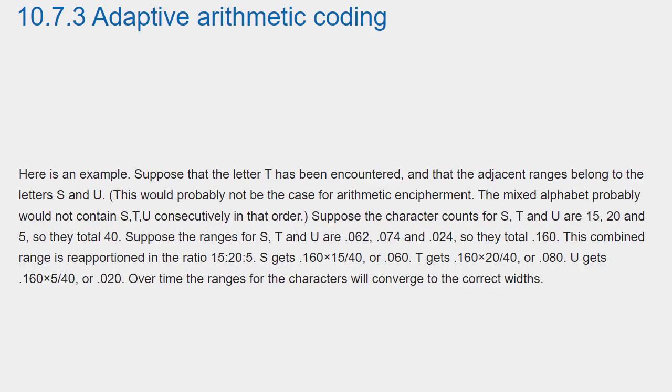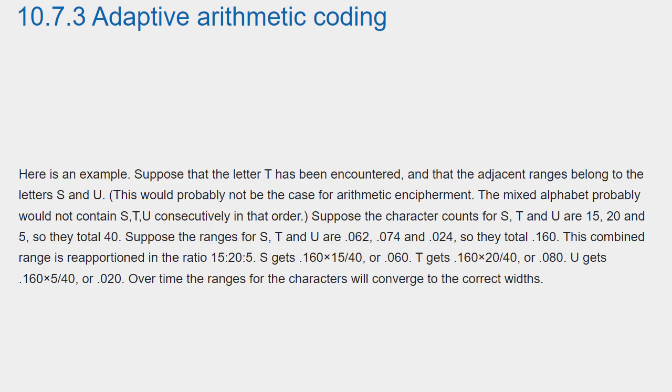Here is an example. Suppose the letter T has been encountered, and that the adjacent ranges belong to the letters S and U. This would probably not be the case for arithmetic encipherment. The mixed alphabet probably would not contain S, T, U consecutively in that order.